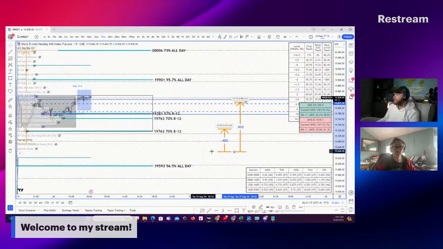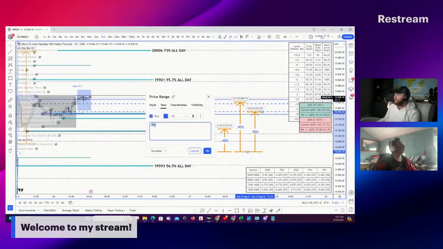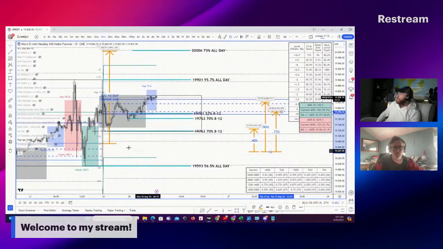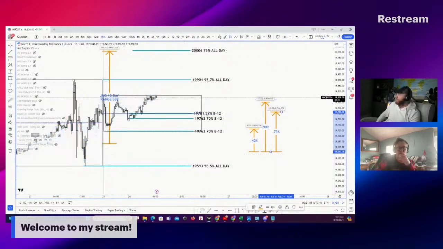And we can see from 12 to 1600, it was 73. So now we're going to turn everything off.